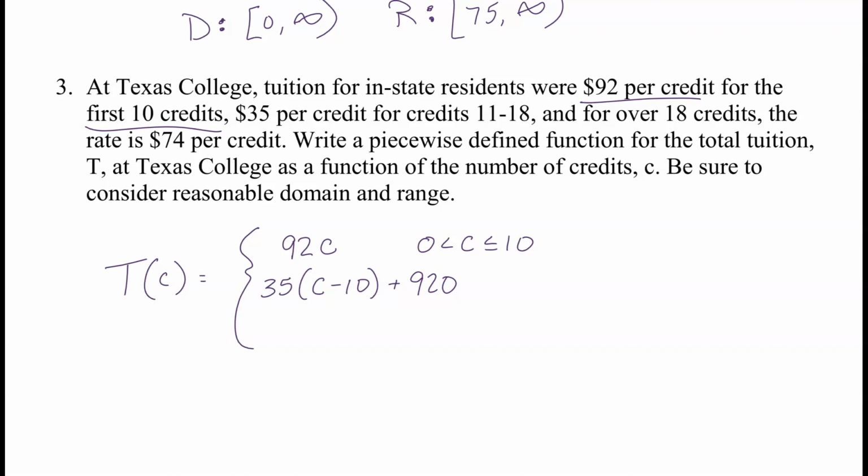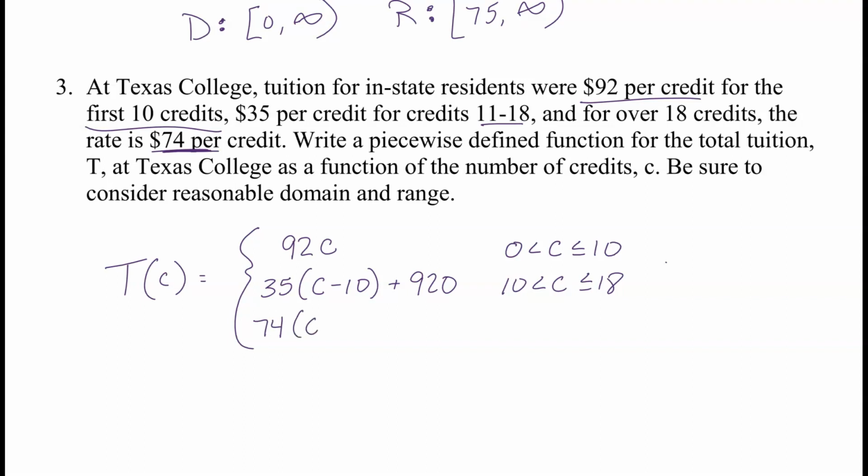And this is for our credits that are bigger than 10, but less than or equal to 18. And then our last line, we're paying $74 per credit over 18. So we're not paying $74 for all of our credits, just the ones bigger than 18.